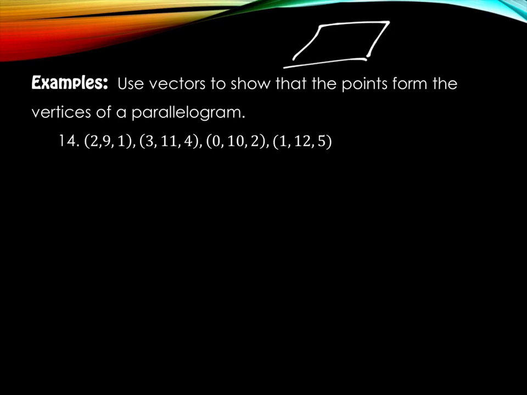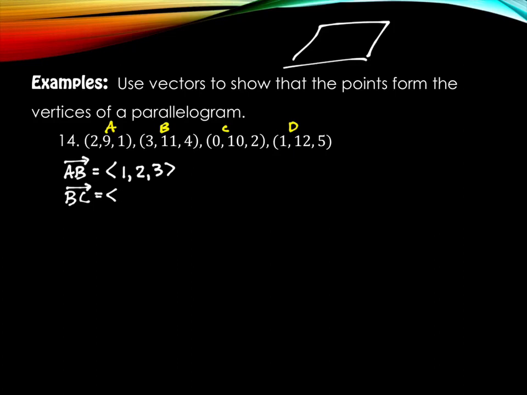So we're going to go in order and see what happens. So here's A, B, C, and D. And we're going to just find them in order. So we're going to do vector AB. So vector AB would be 1, 2, 3. That's a nice one. And then we're going to go to the next 2, BC, because it's easier to do them pairwise beside each other.